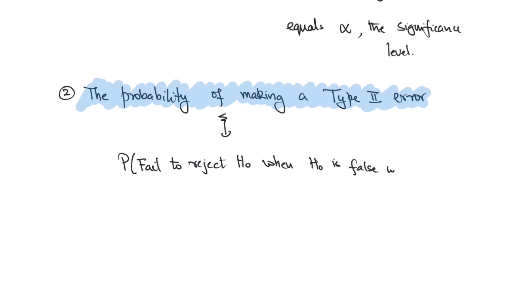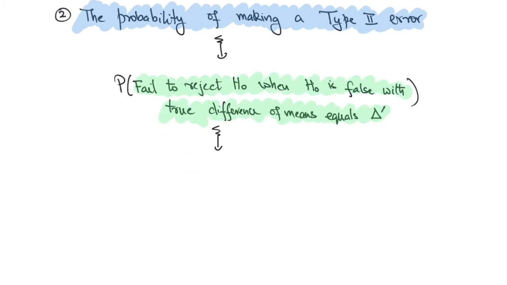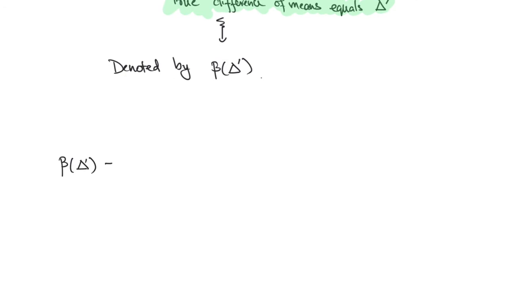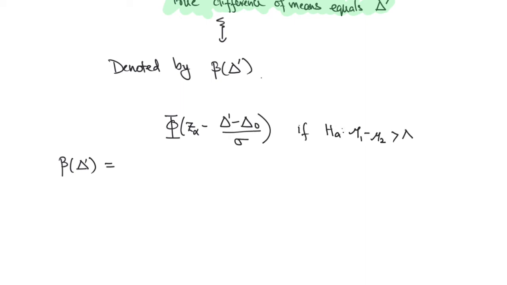Whenever we are working with a type 2 error, remember we have to specify what the true difference of the means is equal to, and in this case we denote it by delta prime. The probability of making a type 2 error is going to be denoted as beta of delta prime, and in each of the three different alternative hypotheses, we have three possibilities of making a type 2 error, and these probabilities are calculated as follows.